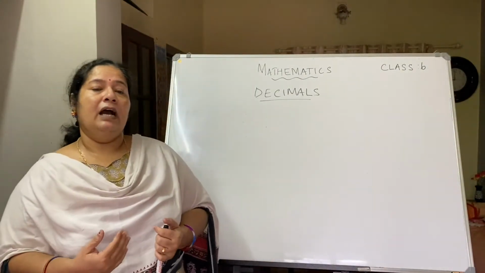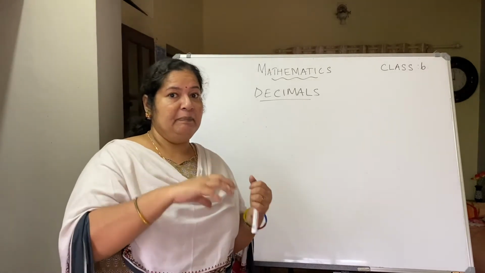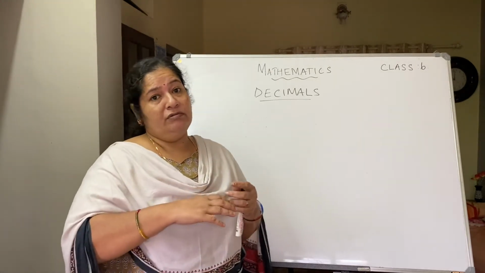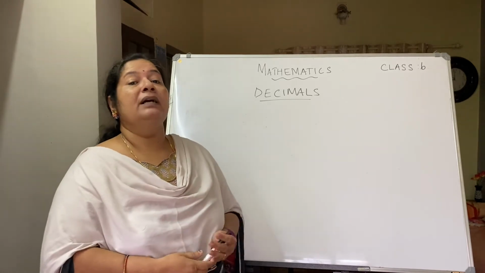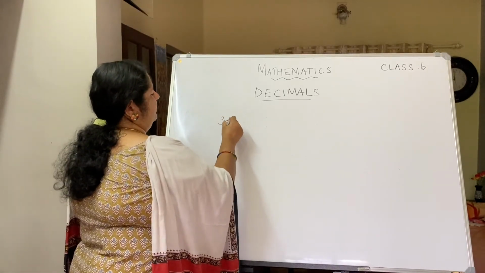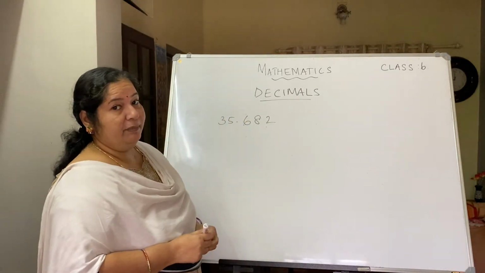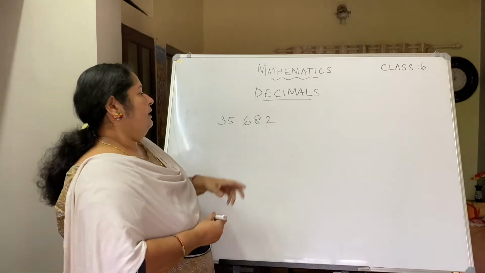Now we'll be learning how to read a decimal with the places, or how to write a decimal in the expanded form. So suppose you have 35.682. Now which is this place?